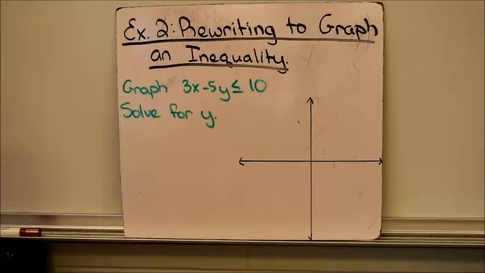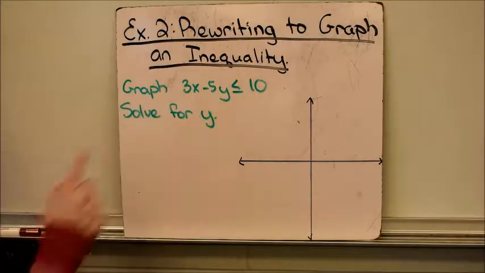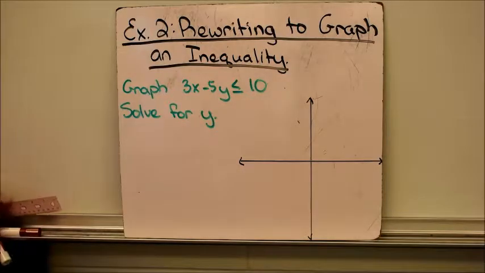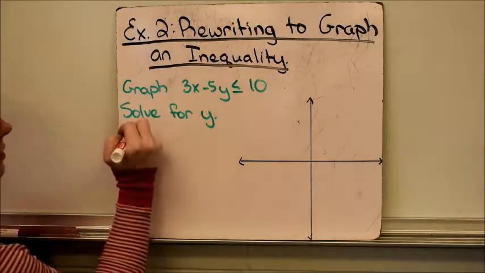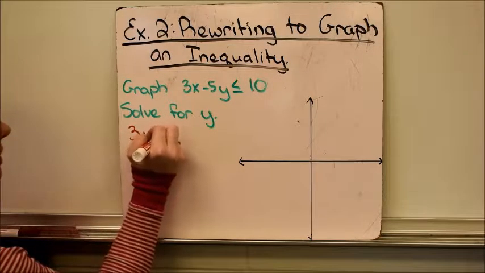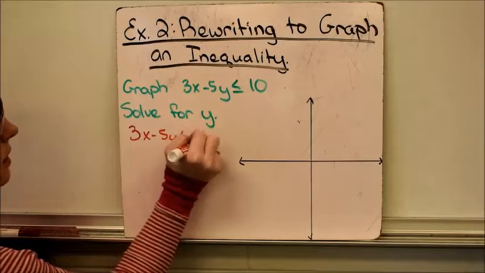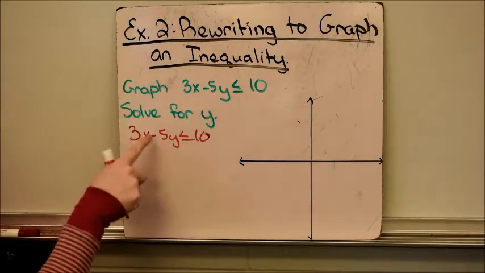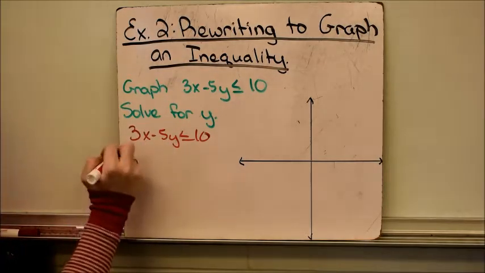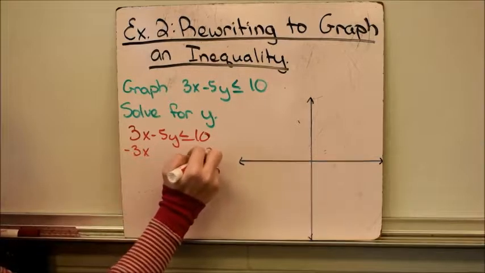So the first thing we're going to do is rewrite this to look similar to slope-intercept form. We're going to solve this for y, where y is whatever the inequality sign ends up being. I'm going to do this in red just to make it a little more distinct. First I want to get the term with the variable by itself, so I'm going to subtract 3x here.